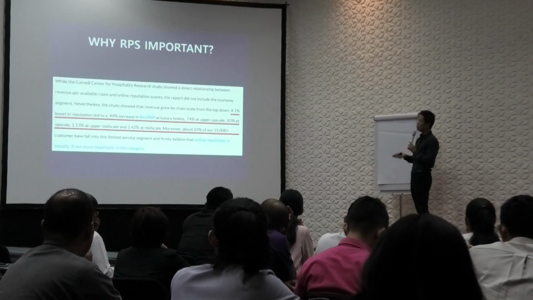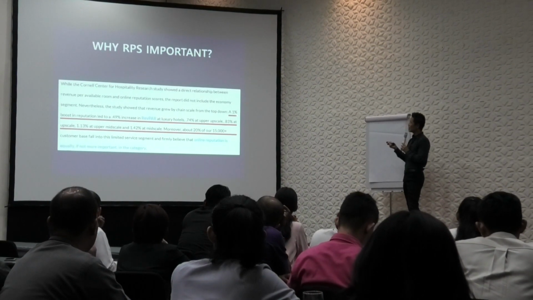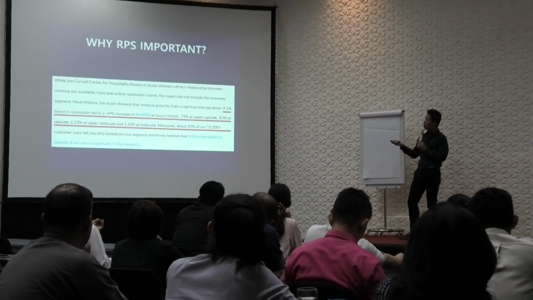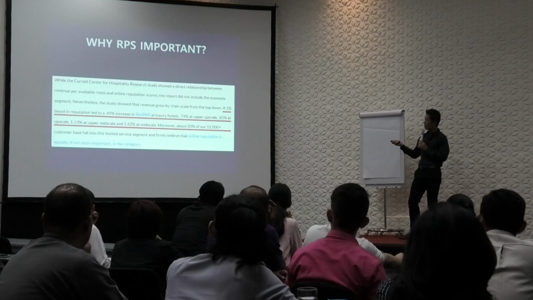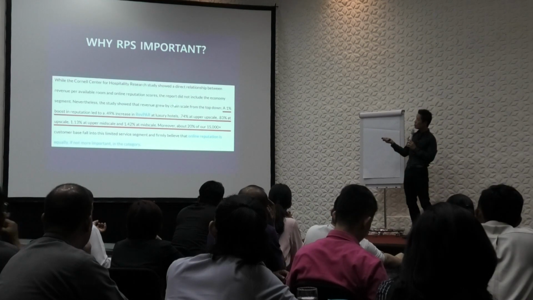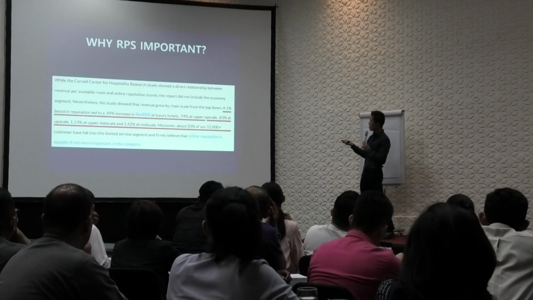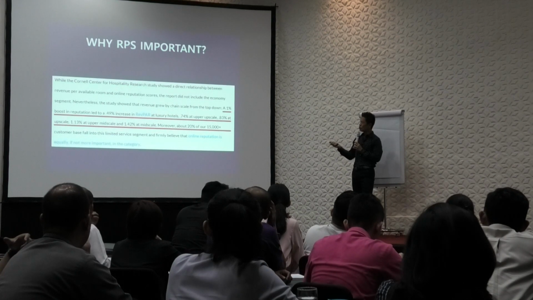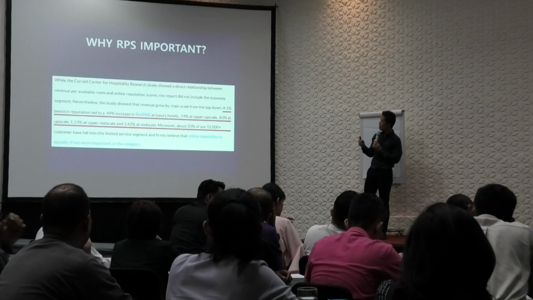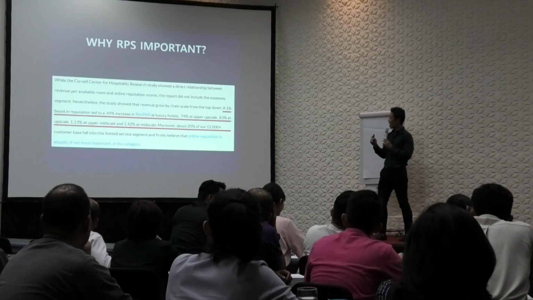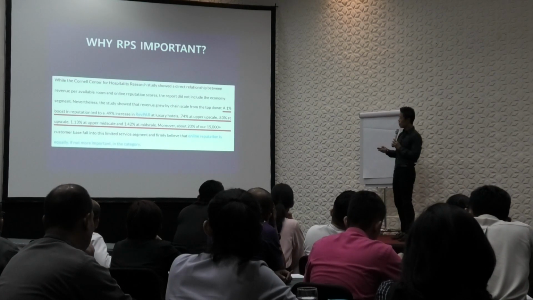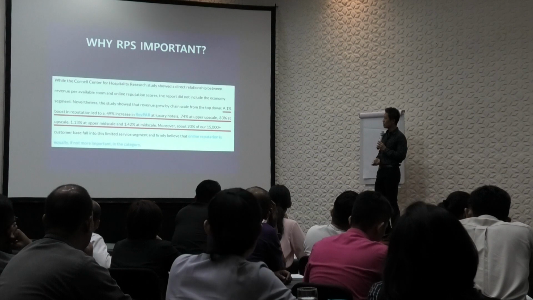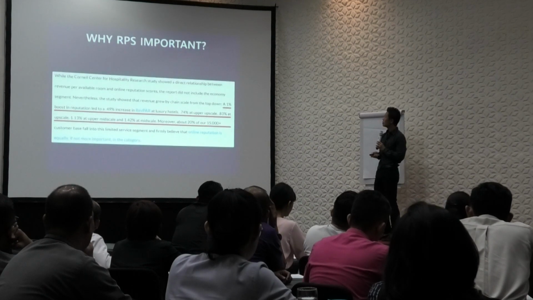And according to their research result, if we can increase our reputation score by 1%, our RevPAR will increase by 0.49% for the luxury hotels, 0.74% for the upper upscale, 0.83% at upscale, and if it is Novotel, we can increase RevPAR by 1.13% by increasing our reputation score by 1%. If we increase 10%, our RevPAR goes up by 10%. It's a very, very good way to boost up our revenue.